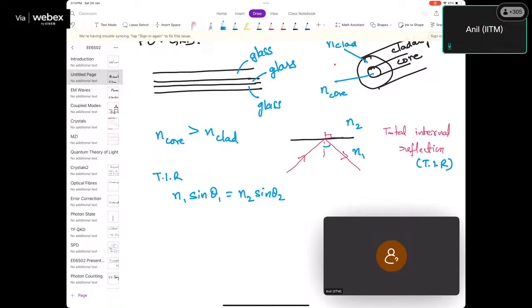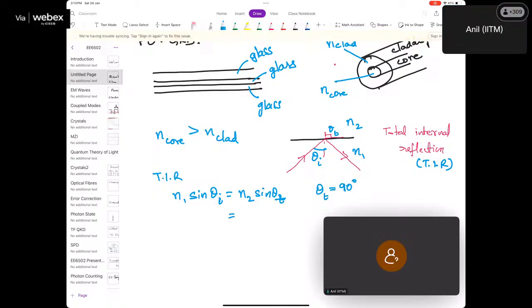So let's call this angle theta incident or theta 1, and this angle is called theta transmitted or theta 2, and theta t is equal to 90 degrees.